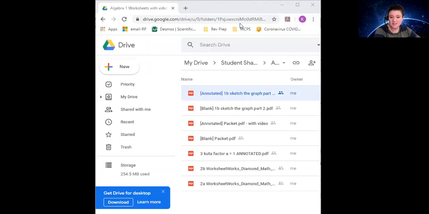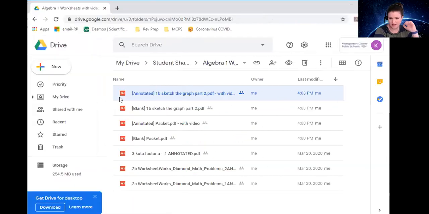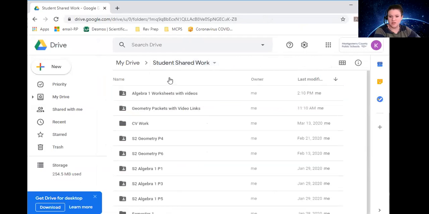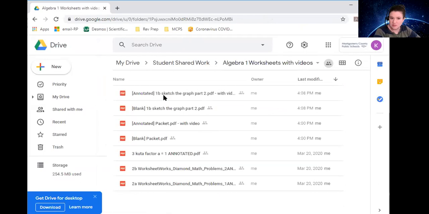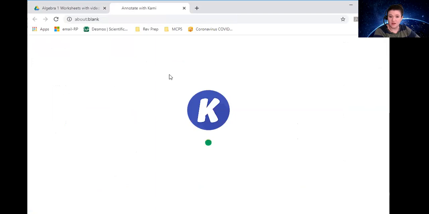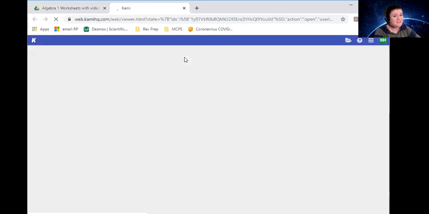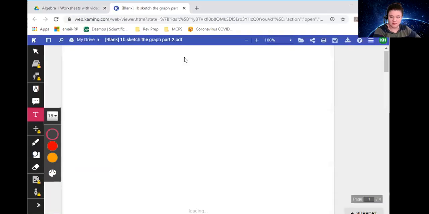Okay, so this is our shared folder that everyone has access to, whether you're in any of my classes, and some people have requested it. That's good. So in the shared folder, it's now just the Algebra 1 one, so that we're not saying I've got to share it to period 3. What I'm going to do is make 2 copies. One is the blank that you can print if you have a printer.